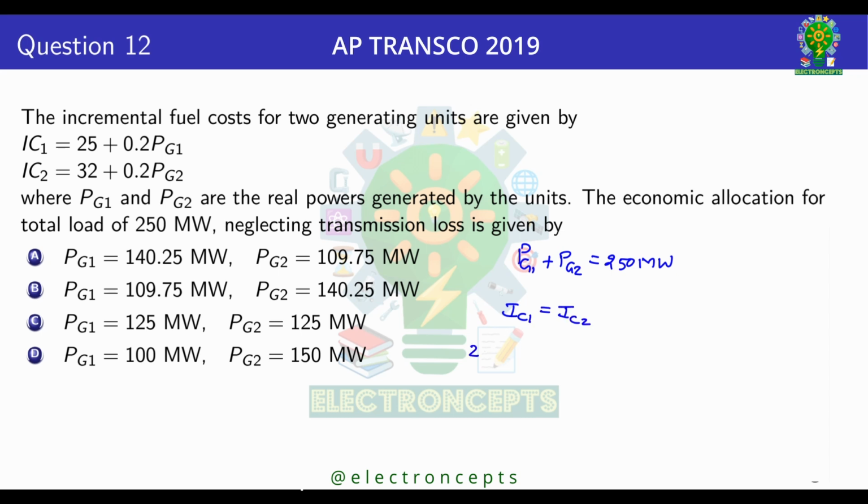Substituting the given data, IC1 is 25 plus 0.2 Pg1, which is equal to IC2, that is 32 plus 0.2 Pg2. It can be further simplified as minus 7 plus 0.2 Pg1 minus 0.2 Pg2 is equal to 0. Consider this as equation 1 and this as equation 2.